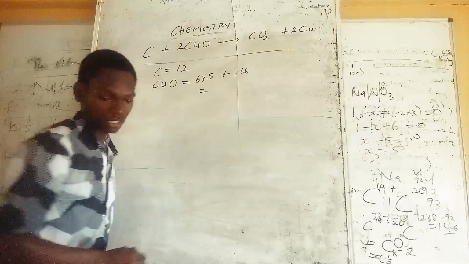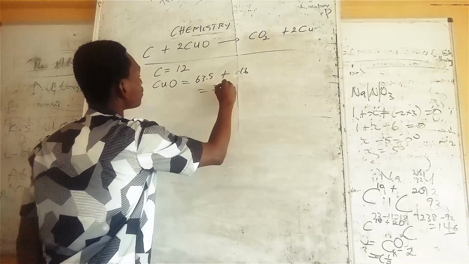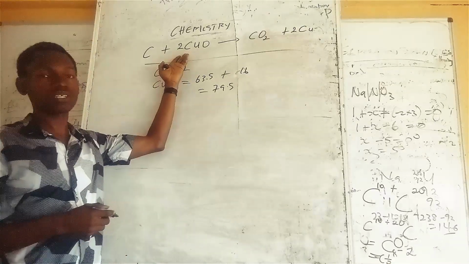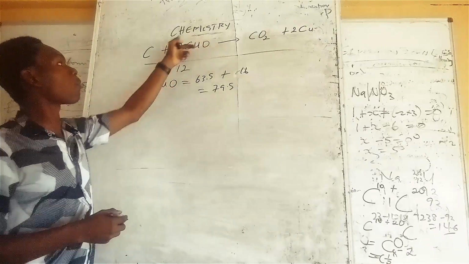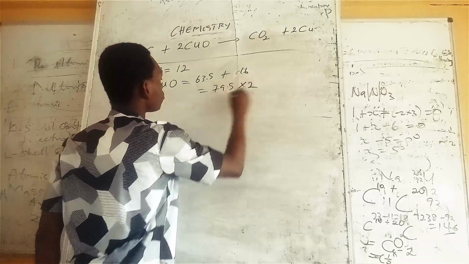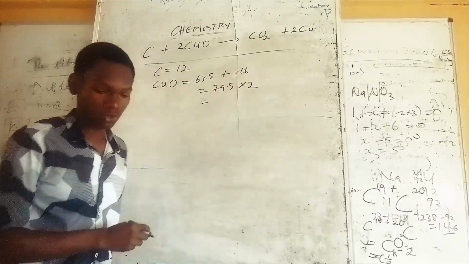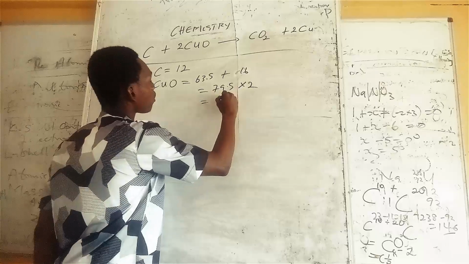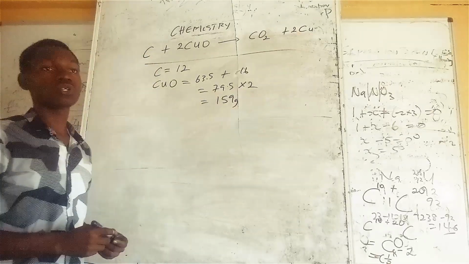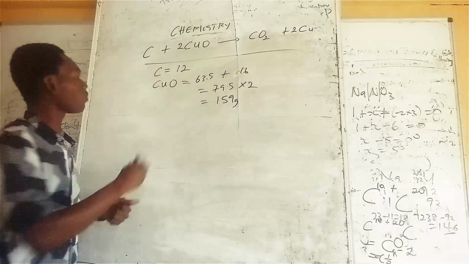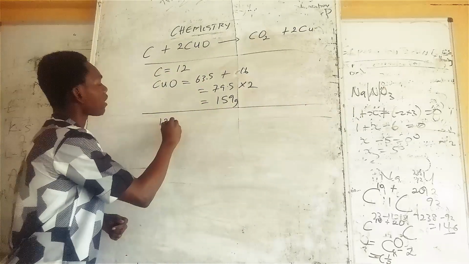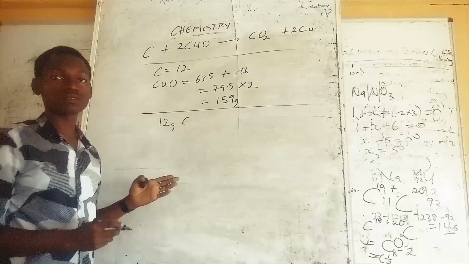So that quickly gives us 79.5. But you can see from the balanced equation, this copper oxide is appearing twice, so we have to multiply it by 2. So the mass will be 159 grams.